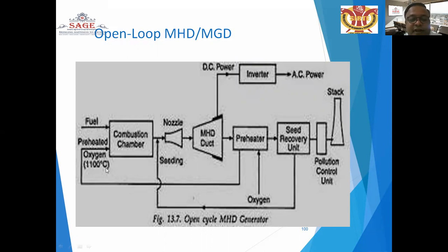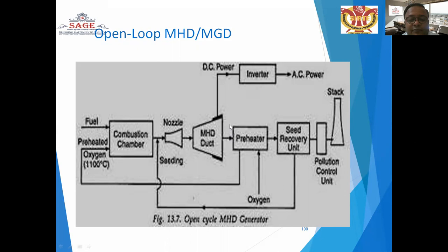The air is preheated to 1100 degrees centigrade, and in contact with the fuel it makes gases that pass through the nozzle. These high speed gases go into the MHD duct, where the power is used by the inverter, and the amount of AC current produced at the top end side will be used for some industrial purpose.